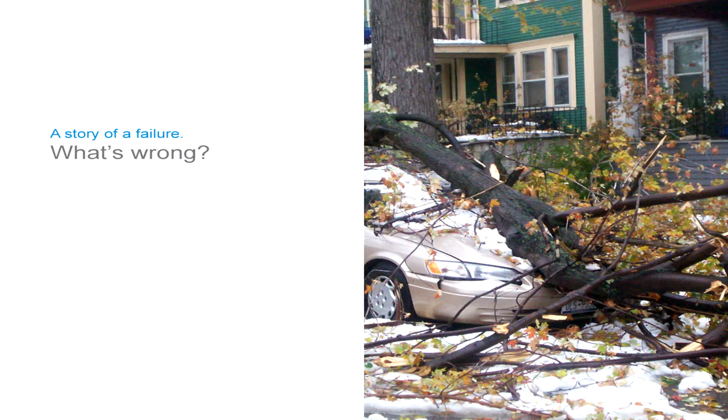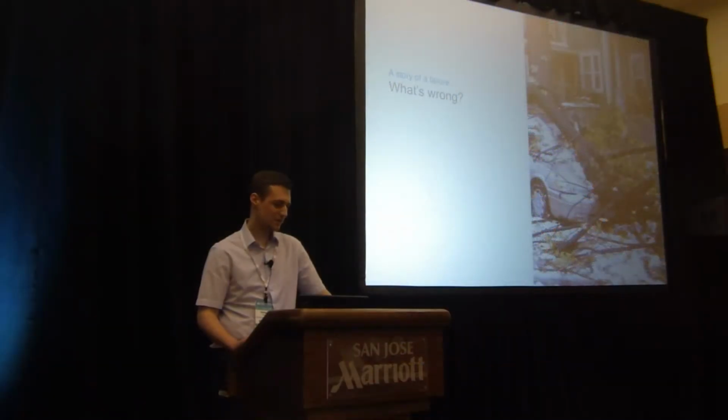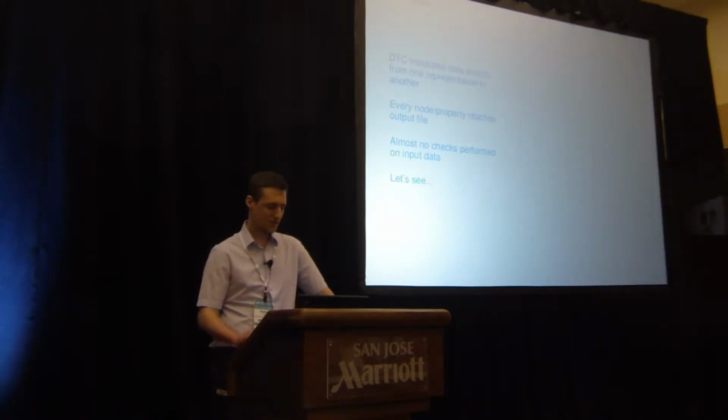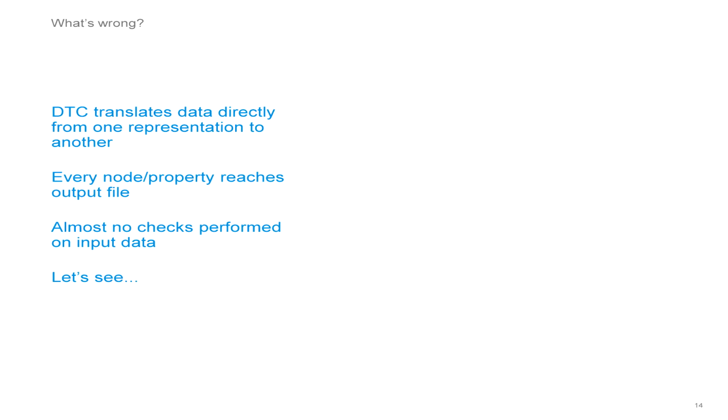So now you might be thinking that this is all very simple and be wondering whether any issues could even be introduced by this kind of process. But now let's take a closer look at how DTC performs the translation.